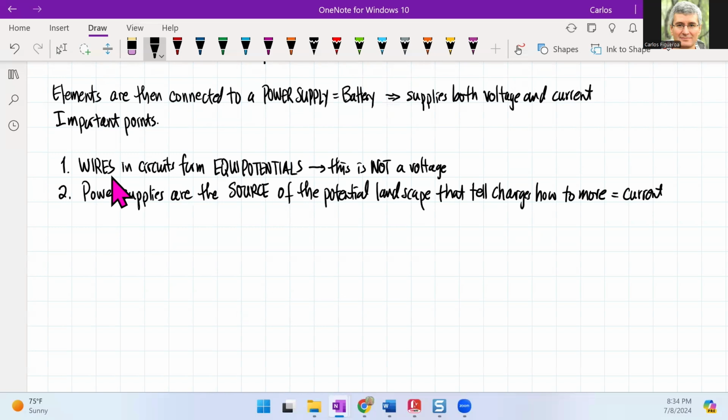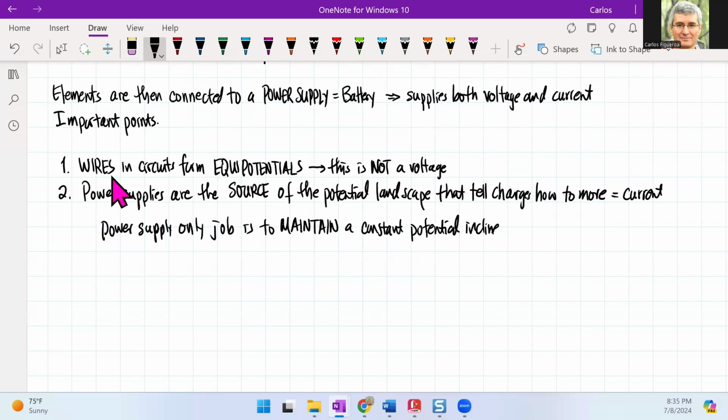So what this tells us here is that the power supply's only job is to maintain a constant potential incline for charges to slide down the incline as well as supply current.